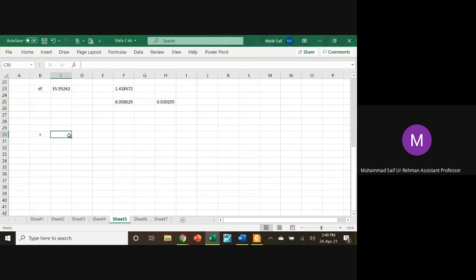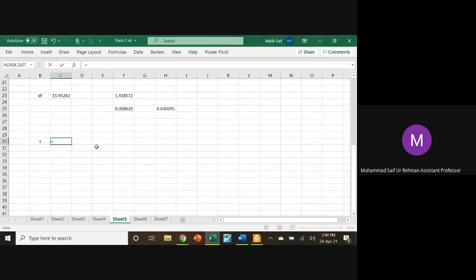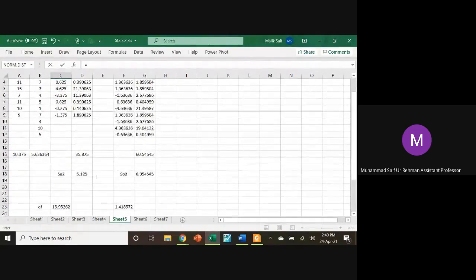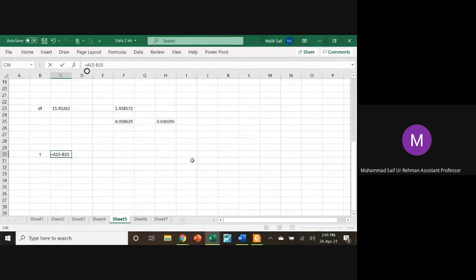T is equal to x1 bar minus x2 bar. This was xu bar minus xo bar. Then you have to put the braces, but before that you may take the numerator separately.